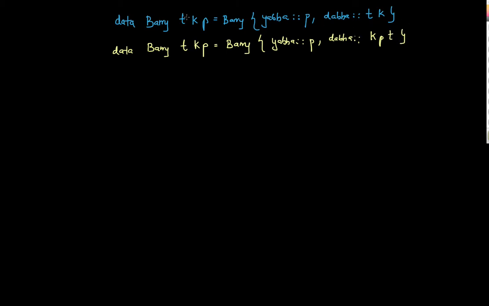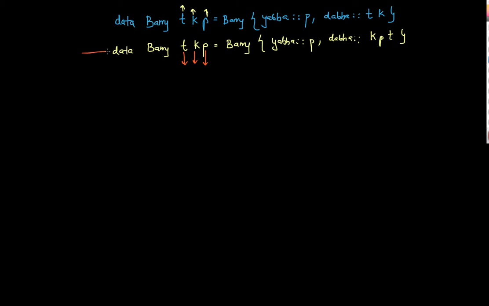Last video, we were easily able to deduce the kind for t, the kind for k, and the kind for p. We're going to continue that journey again in this video to deduce the kind for t, for k, and for p, given this entire new type definition. So what are some of the things that are easily deducible from this type definition?